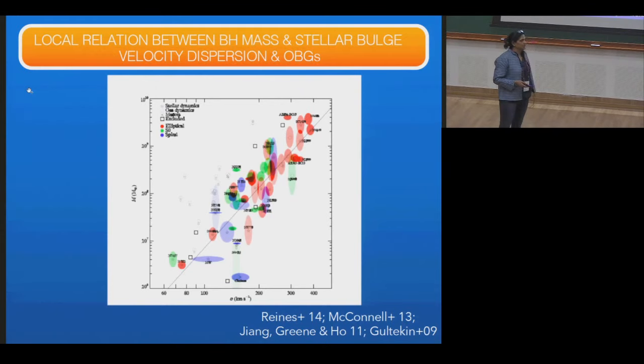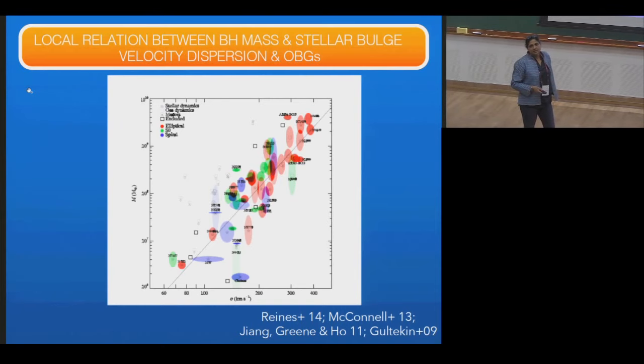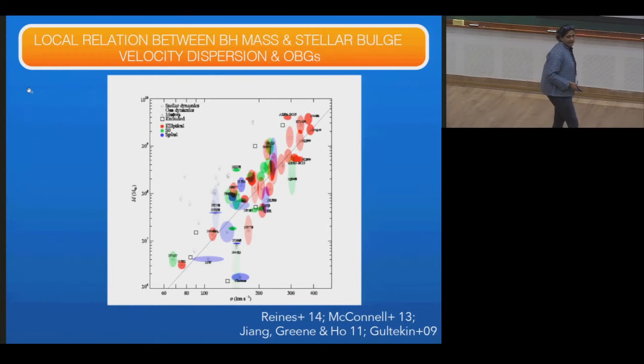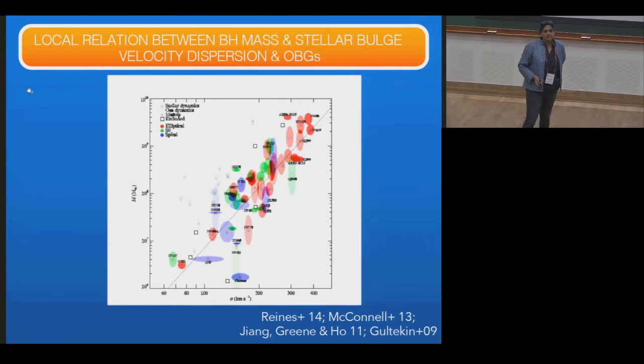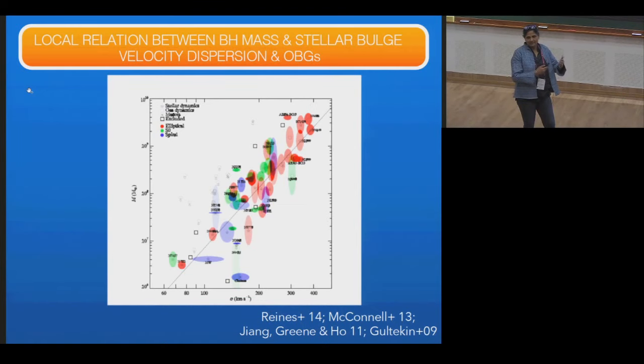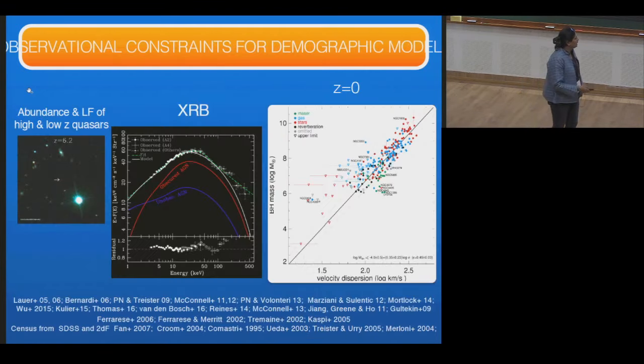It could be causation, it could just be the central limit theorem if mergers are the most dominant way to grow black holes. So it turns out, I've sort of let the cat out of the bag a little bit, it turns out that mergers are not the key drivers for the entire black hole population. They are key drivers for the most massive black holes during particular epochs, so at late times. I'll show you how we infer that.